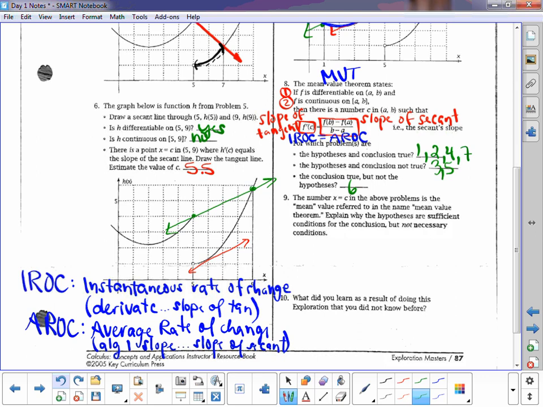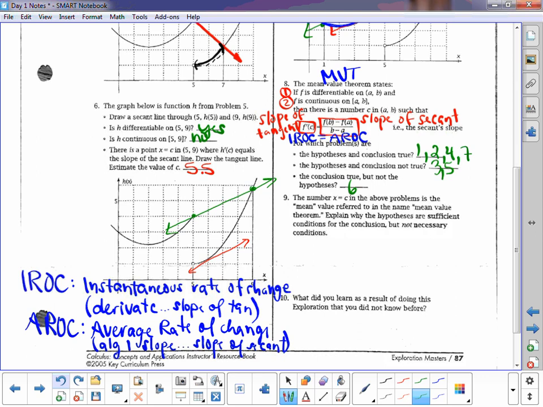But it could be that even though it fails those conditions, it does have a parallel line. So in order for this to happen, we don't have to have that it's both differentiable and continuous. It could happen without meeting the original conditions. But we know that differentiable and continuous automatically guarantees that that will occur.